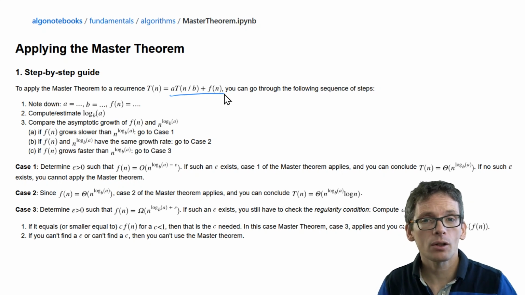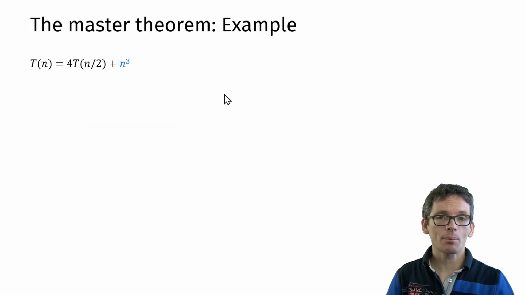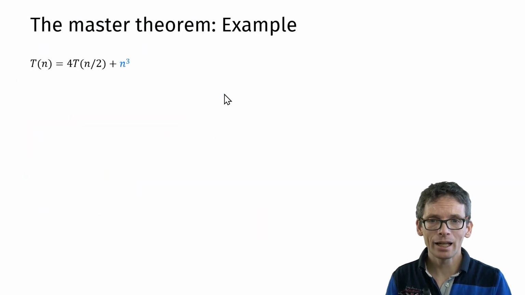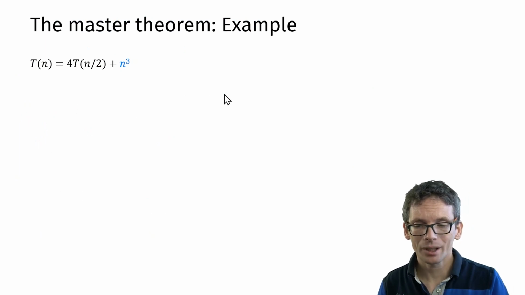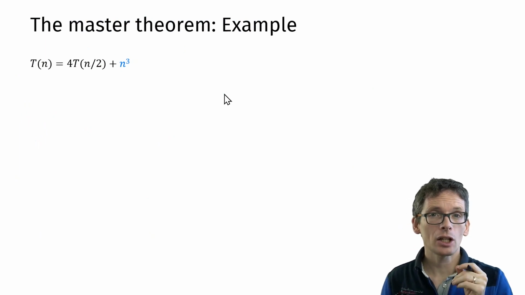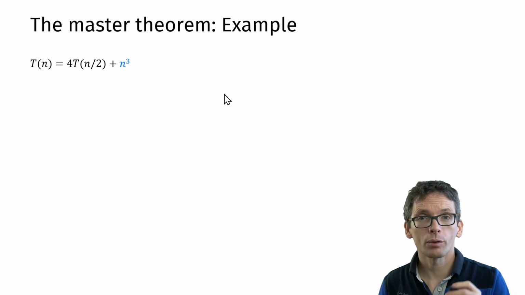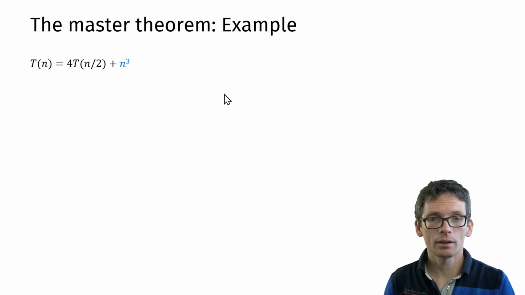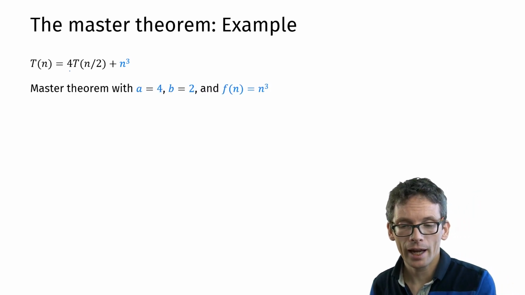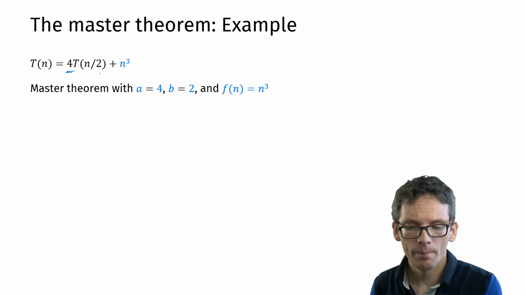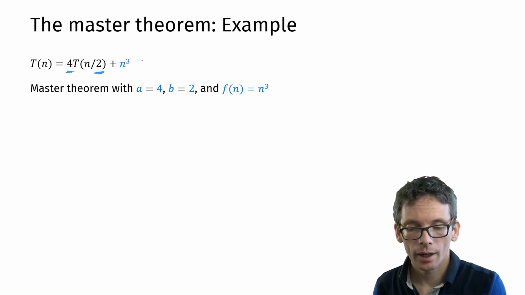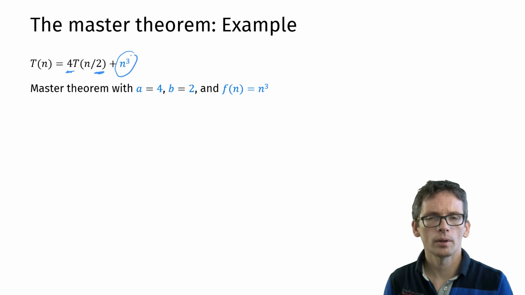But now let's have a look at an example. So let's say T(n) is 4 times T(n/2) plus n cubed. We have to look for a, b, and f(n). So a is 4, b is 2, f(n) is n cubed.